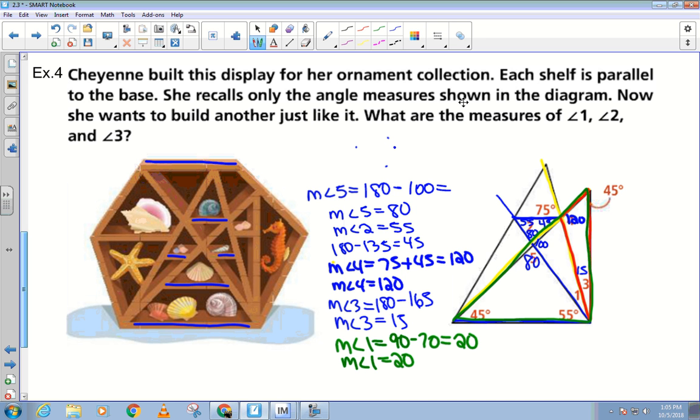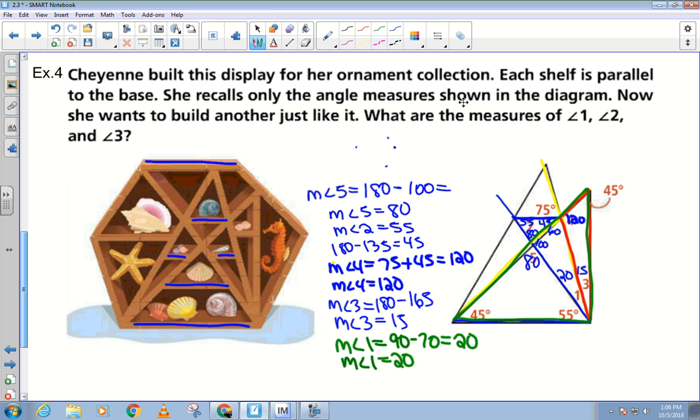Well, you would have had to do 180 minus this to get this little piece right here. You could also have found this to be 60, because this is 120. So this would have been 60, and then that would have been 20. Like I said, there's sometimes more than one way to do it.